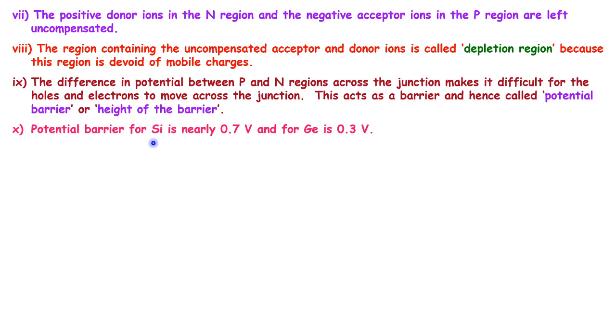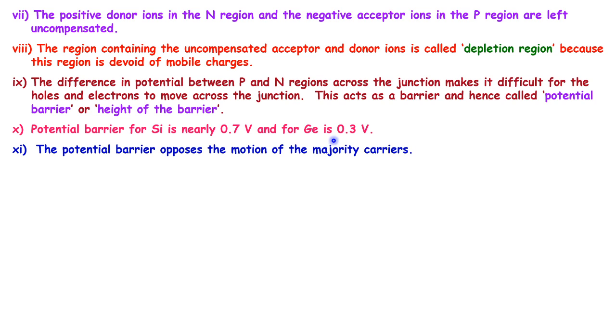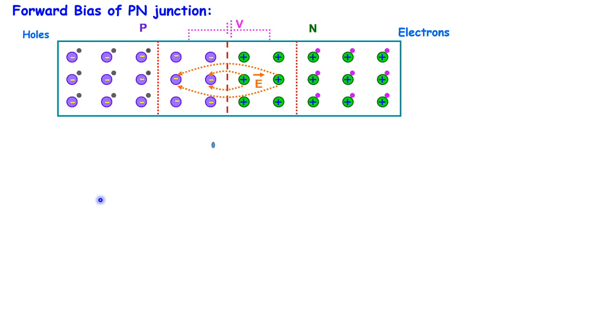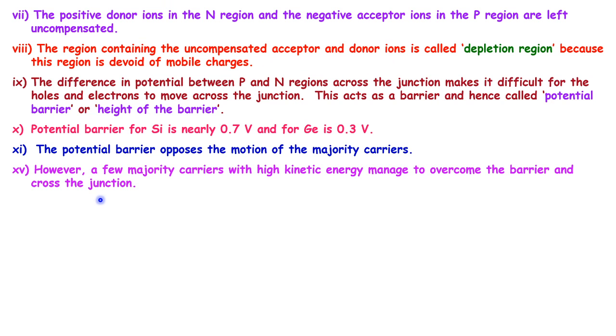The potential barrier for silicon is 0.7 volt and for germanium it is 0.3 volt. The potential barrier opposes the motion of majority charge carriers. However, a few majority charge carriers with high kinetic energy manage to overcome the barrier and cross the junction. So these are the points we have to remember related to the PN junction.